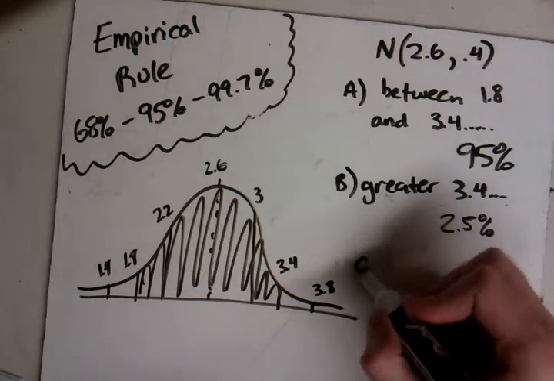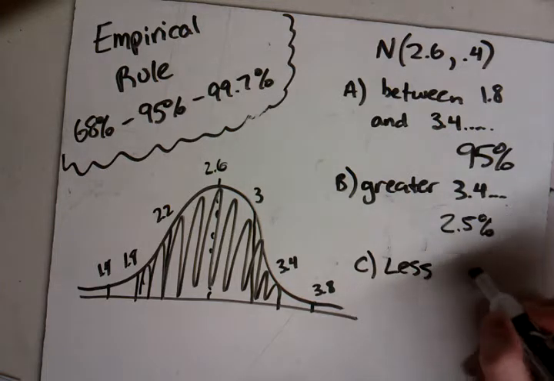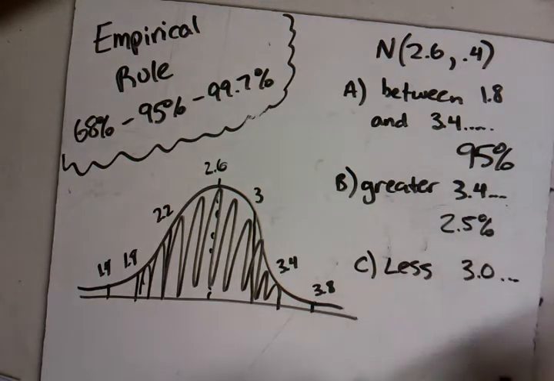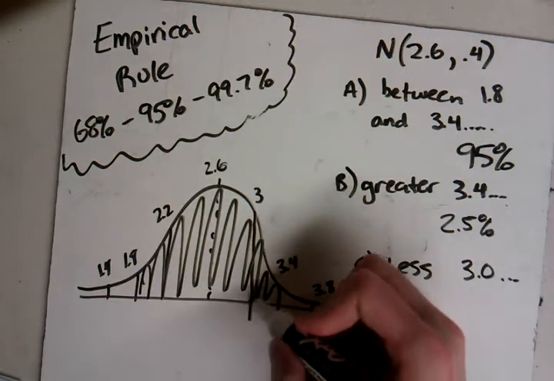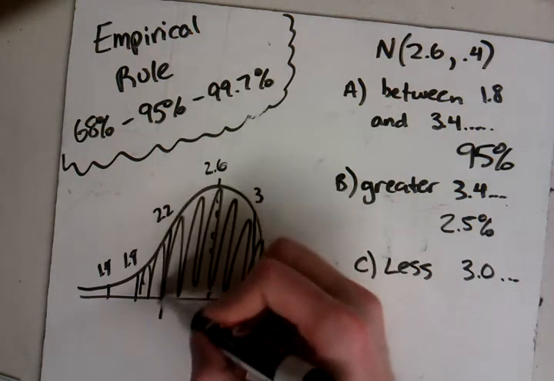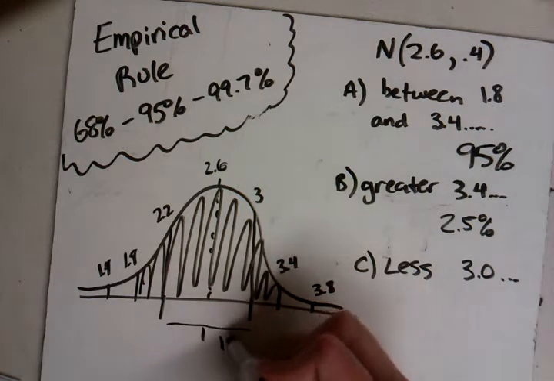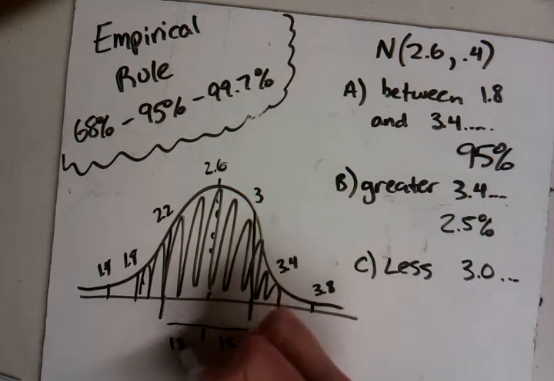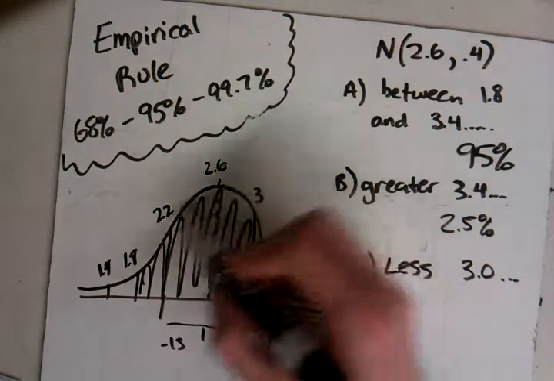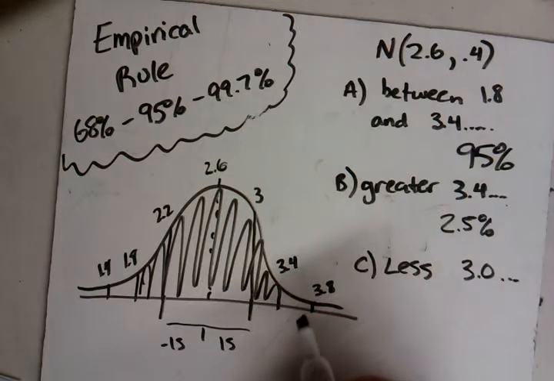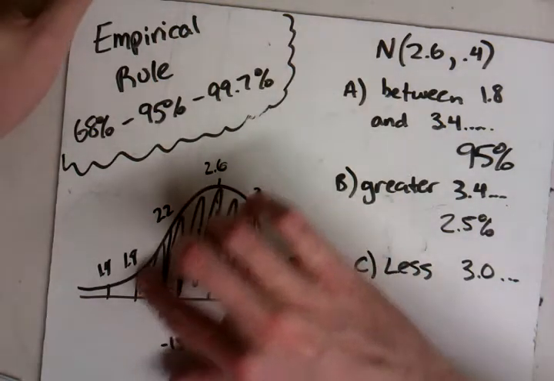Alright? Part C wants to know less than a 3.0. So 3.0 would be right here. We said that this part in here was 1 standard deviation above and 1 standard deviation below, and altogether this was 68%. So what we need to do to figure out this one is we need to break these things down and split them apart a little bit.